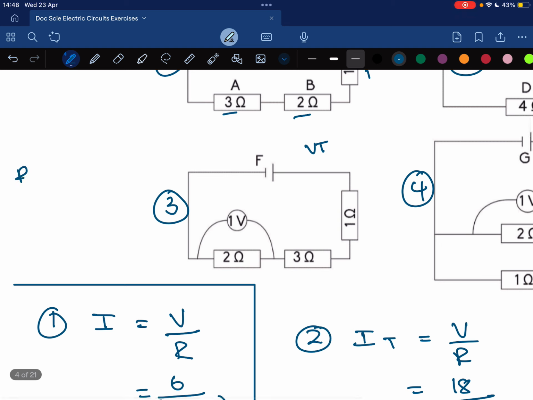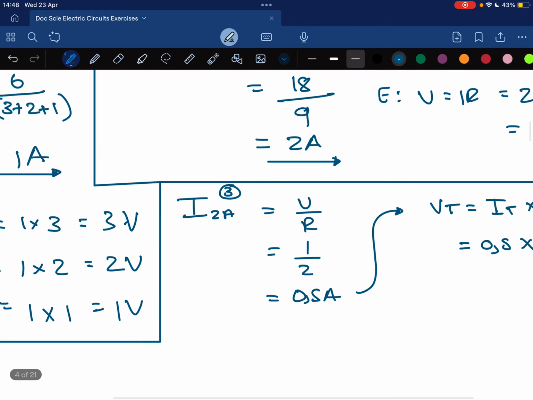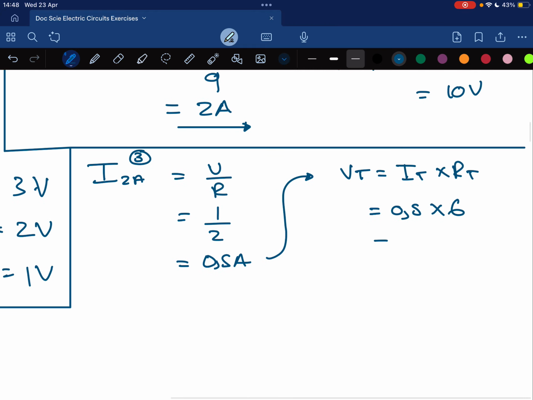Again, it's just a series circuit, so 2 plus 3 plus 1 is 6 ohms. I put that in the calculator, and you'll get 3 volts. Okay, so that is the voltage at F.